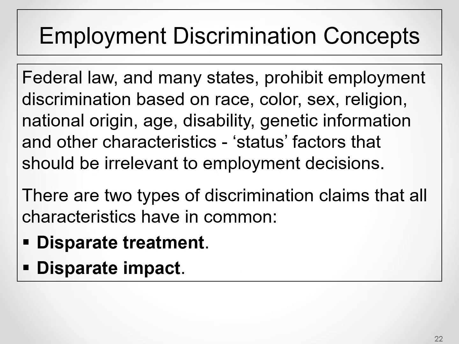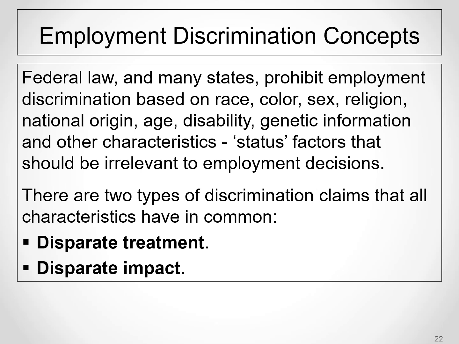And then of course employment discrimination concepts. So employment at will is this broad power for both the employee and the employer. But a lot of times the challenge to an employment at will situation is that the employee is being terminated for an illegal reason. So federal law prohibits employment discrimination under Title VII.